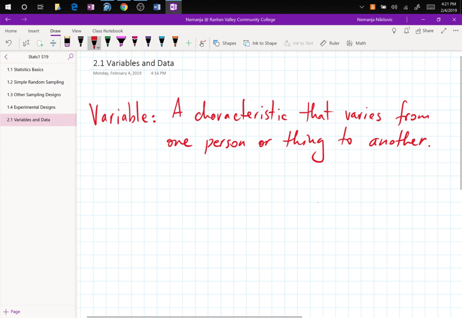So first, let's go with the qualitative variable. And that would be a non-numerically valued variable.